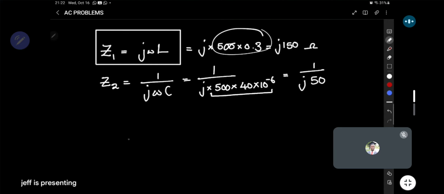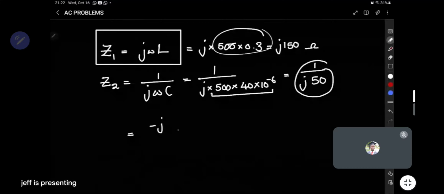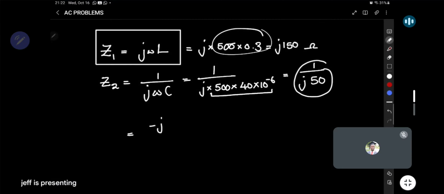From here, what comes next? Now we don't want to have a fraction here. So this is where we can rationalize the denominator, and we end up with the minus j here. Oh, no, actually this is after this divides. That is when we end up with that 50.